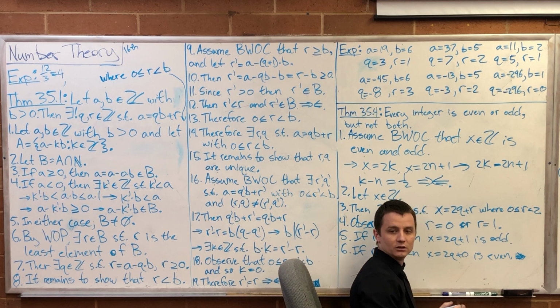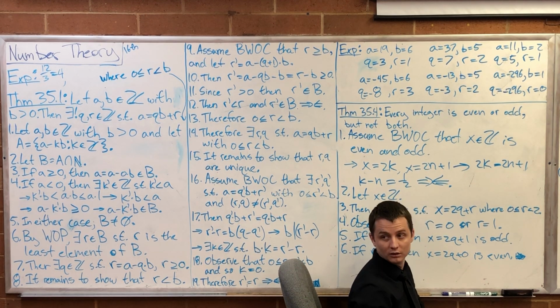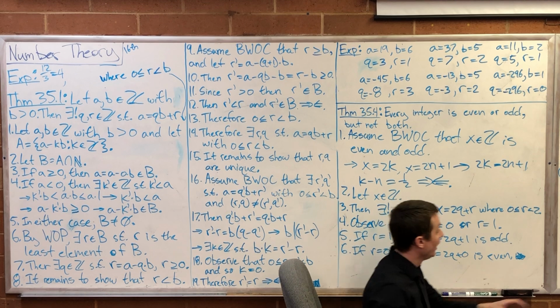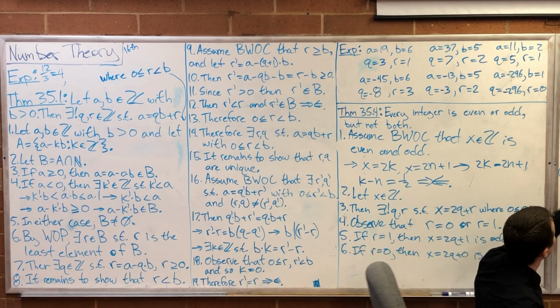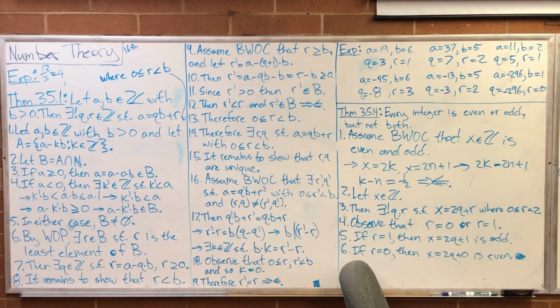Anything weird? How do I show that A is congruent to B mod 2? I show that 2 divides their difference. That's all I was trying to show. So take their difference and show that it's equal to 2 times an integer. Therefore, 2 divides it, which gives me that A is congruent to B mod 2. Good?